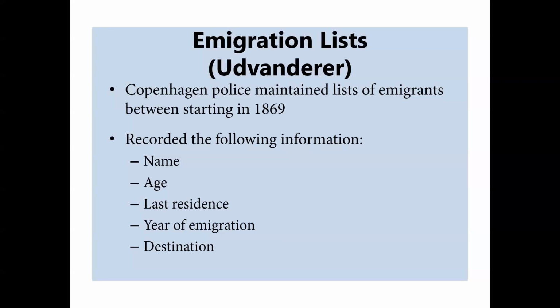I think one of the best sources that I like using is the immigration lists. Just like in Norway, the Copenhagen police maintain lists of immigrants. They're in charge of people leaving the country, and it records really strong information. What you're looking for is the destination, to try to figure out if you can link your ancestor from the US to Europe.